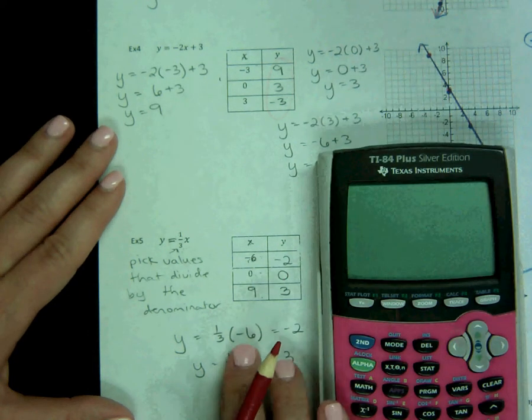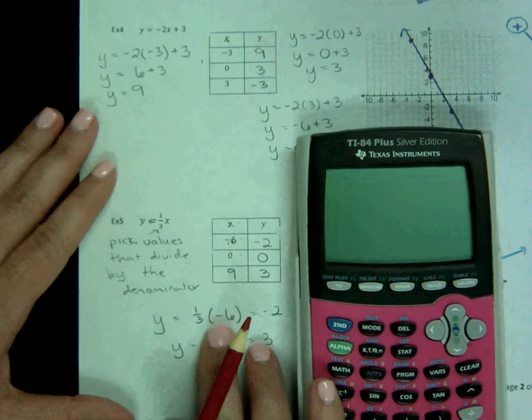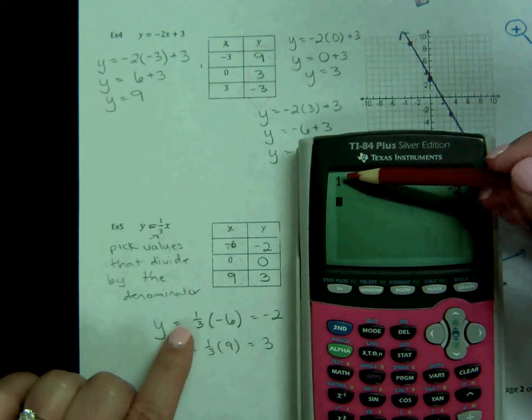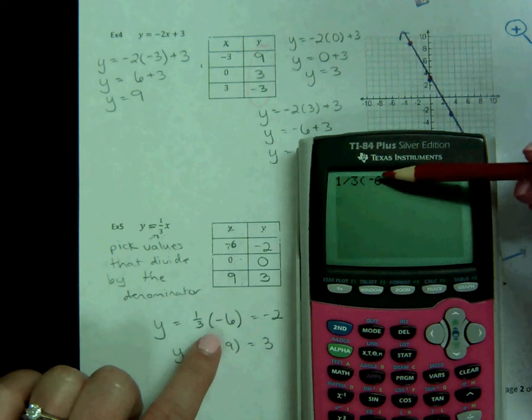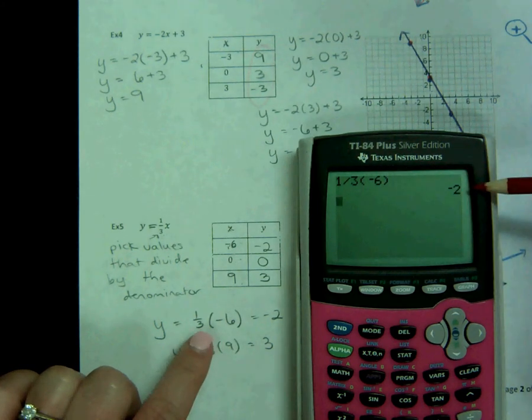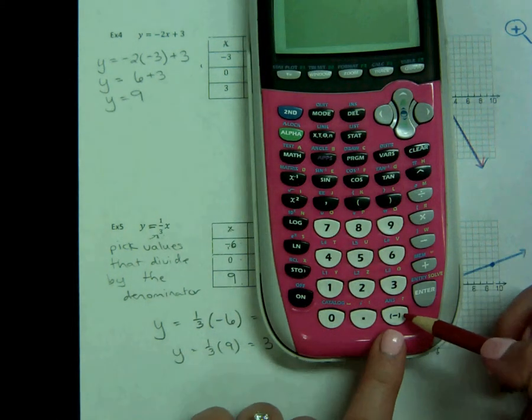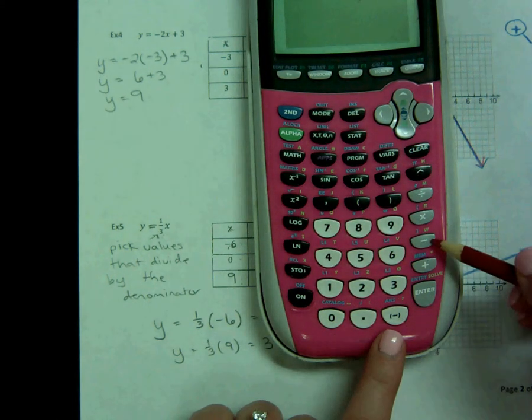If you're not comfortable with fractions or you just don't trust yourself with fractions, let your calculator do your work. You can type in 1 divided by 3 parentheses -6. You should get -2. One thing I pointed out in the video was the difference between the negative button and the subtraction button.